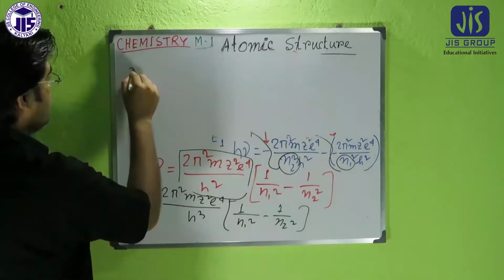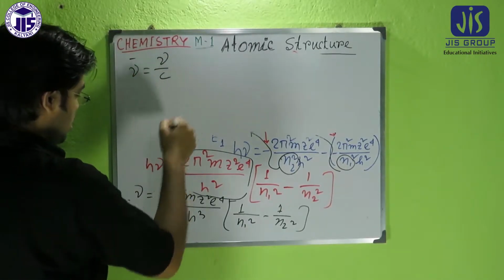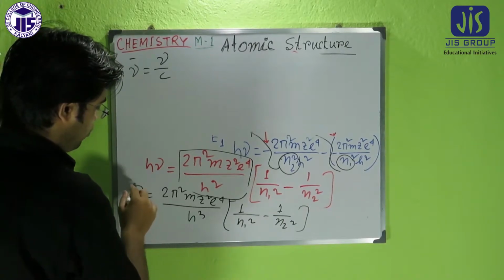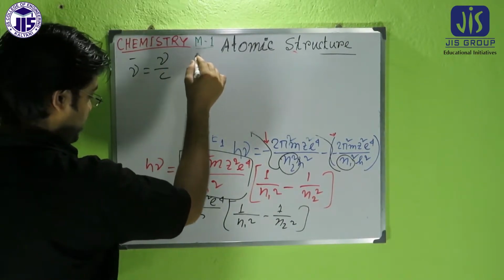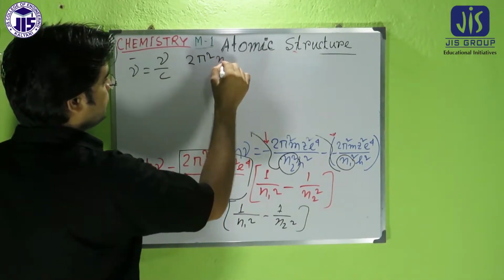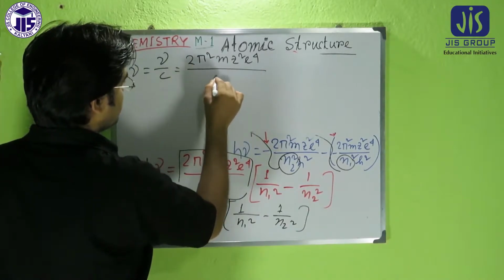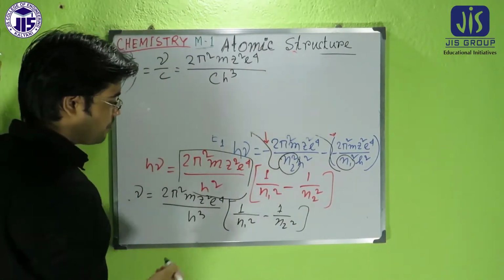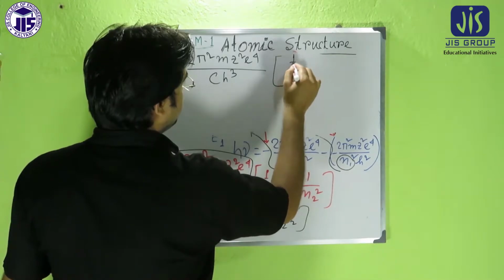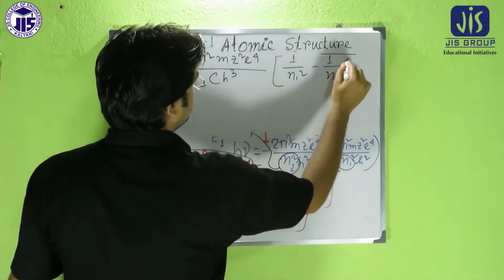Then we know that nu bar is equal to nu by c. So if we write the value of nu here, then the equation will be 2 pi square m z square e to the power 4 by c h cube, times 1 by n1 square minus 1 by n2 square.